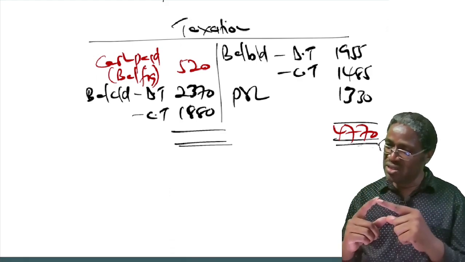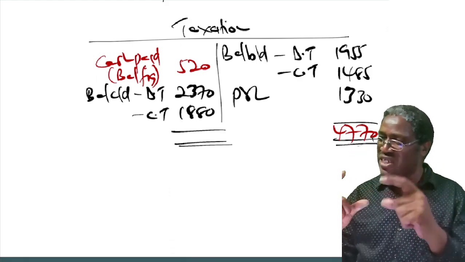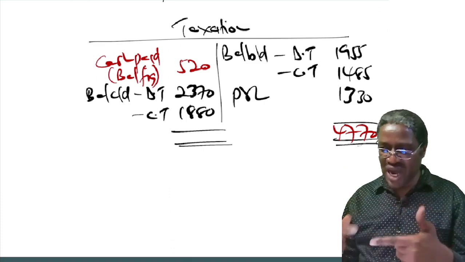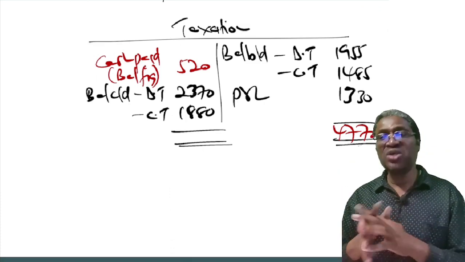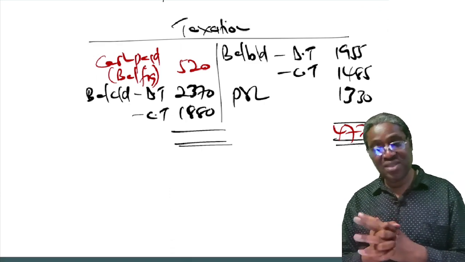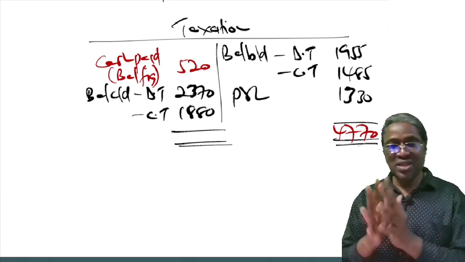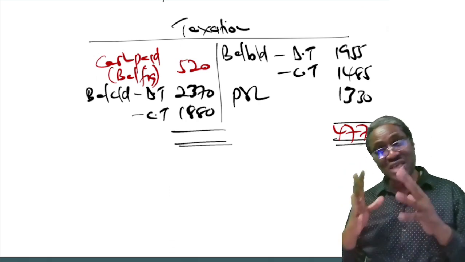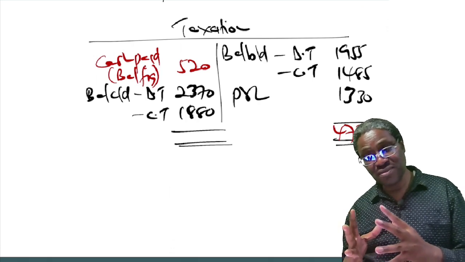I have said you must analyze every item in the balance sheet, seeing how that one item will help you to prepare your cash flow statement. Also said, there are some items you don't put down the workings for, but there are some you have to put down the workings for.